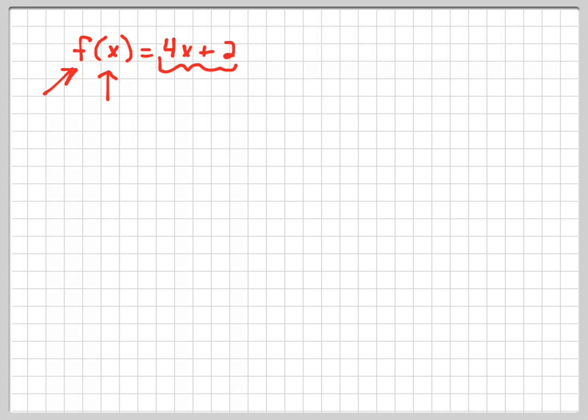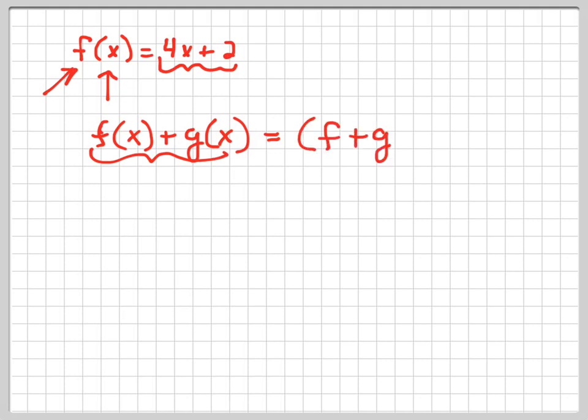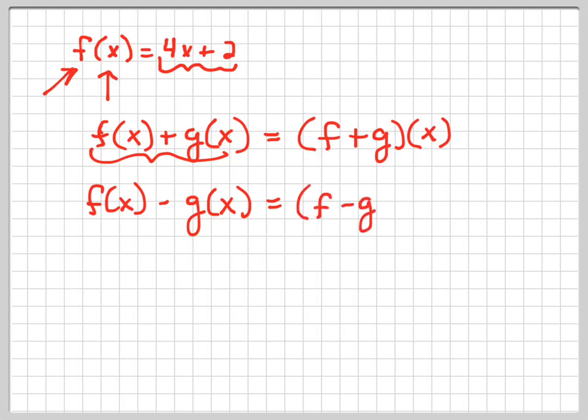In operations with functions, we can manipulate two functions with our regular operations. For example, if I want to add two functions together, f of x plus some other function g of x, I can write it just like you see it here, or you'll often see it written as f plus g of x, which means just take function f and add it to function g. Same thing goes with subtraction. f of x minus g of x is often written as f minus g of x.